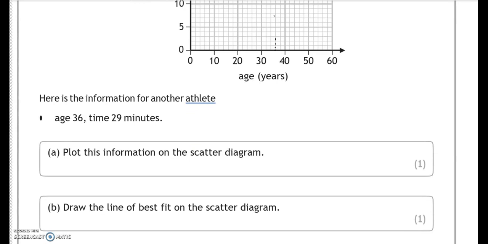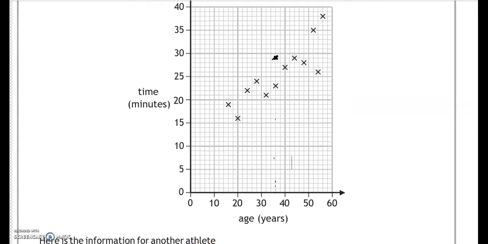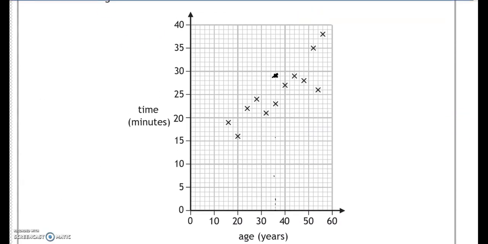Draw the line of best fit on the scatter diagram. So we're going to draw the line of best fit.